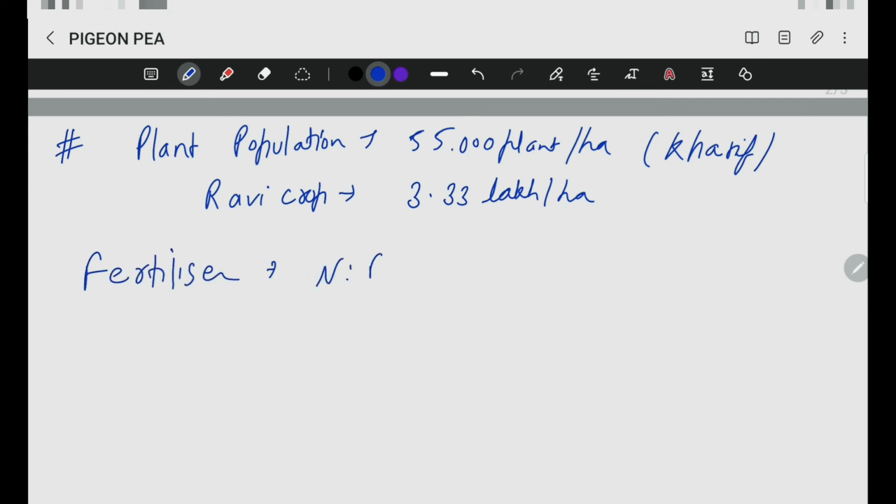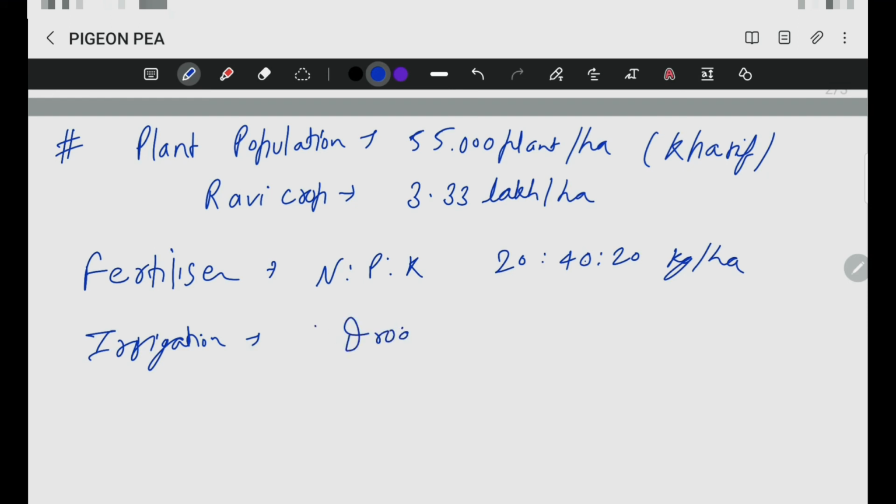Okay, when we talk about fertilizer, that's not a very important point. Definitely we will talk about NPK. As we know, it requires a minimum amount of fertilizer, so the ratio should be 20:40:20 kg per hectare. Irrigation. It's a drought tolerant crop.